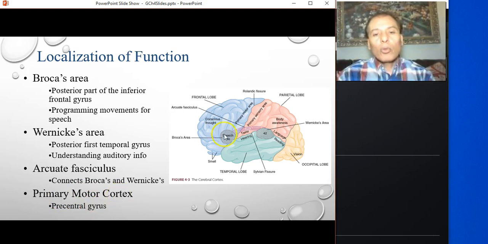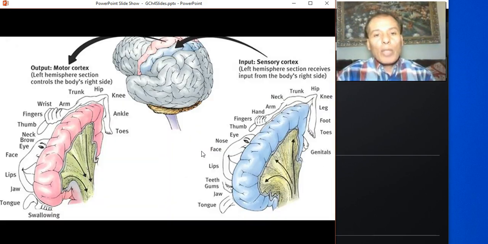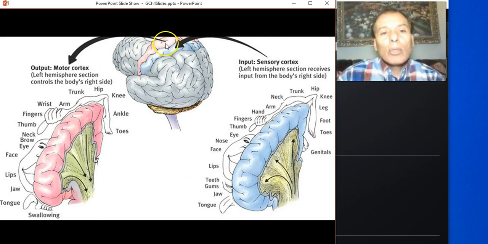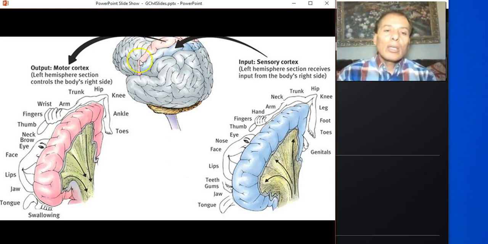The primary motor cortex, as I mentioned earlier, is this area here, that pink strip. From here to the front, that is part of the frontal lobe. Sometimes we call it the precentral gyrus. Because of its function, we call it the motor cortex or the motor strip.